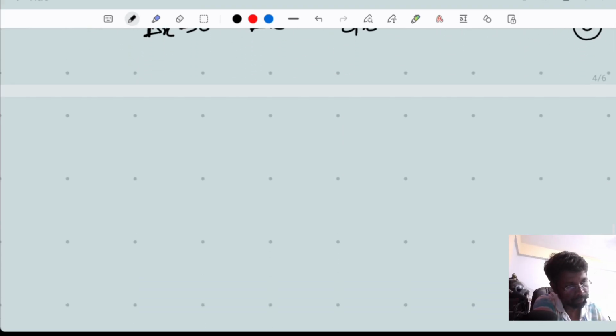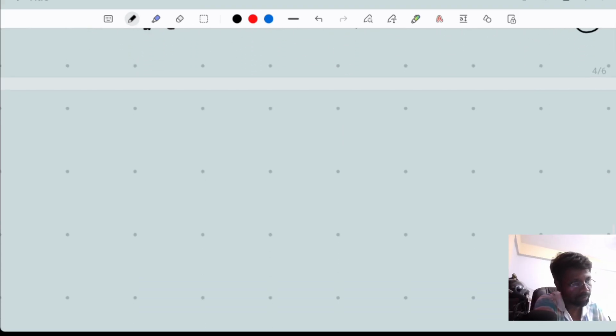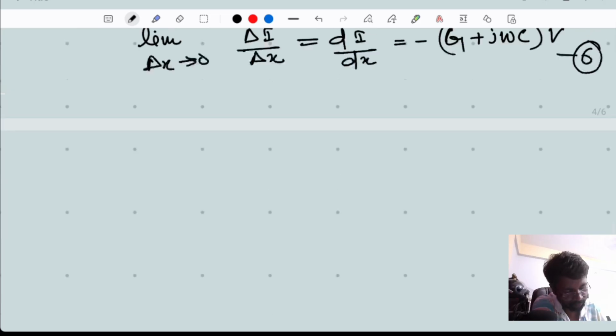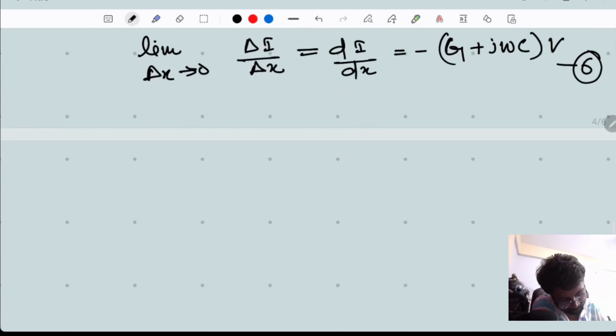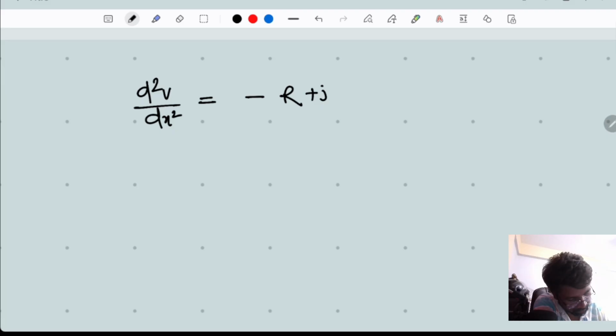After differentiating equation 5, we obtain d2V upon dx square is equal to minus (R plus j omega L) into dI by dx.